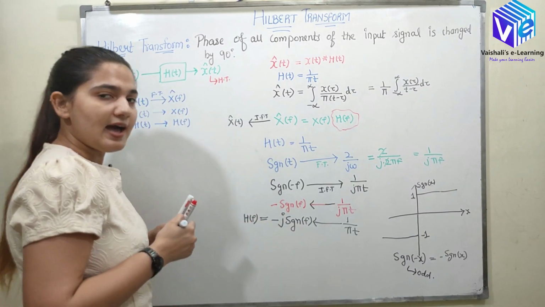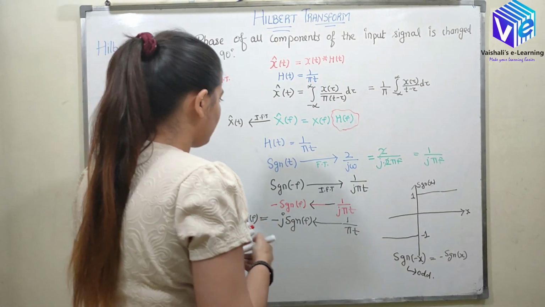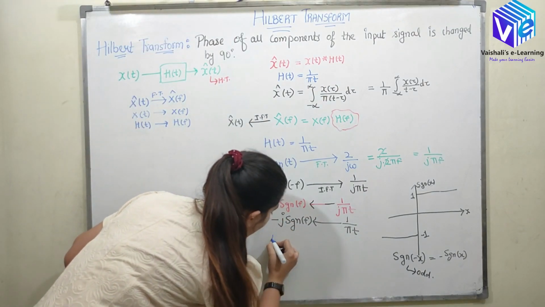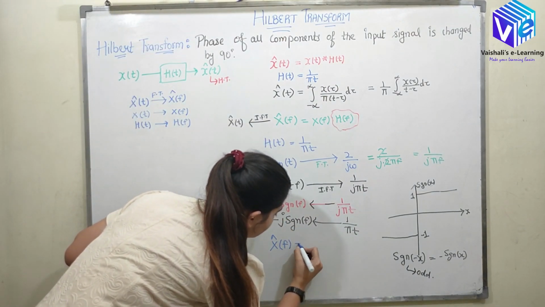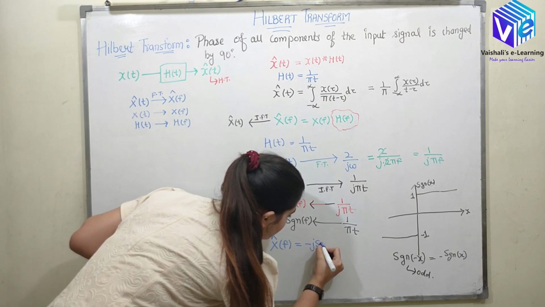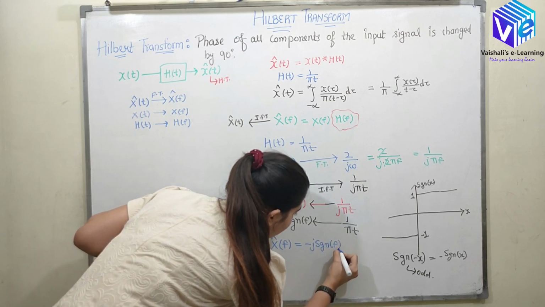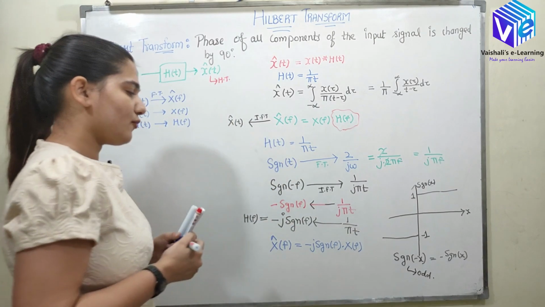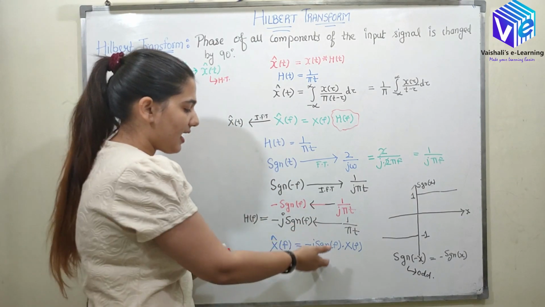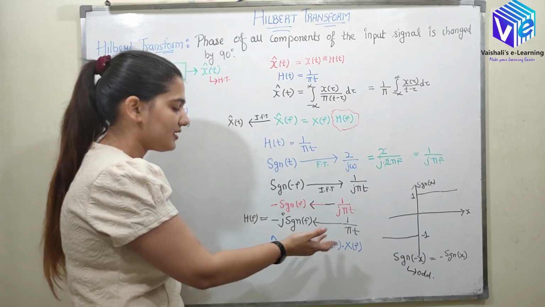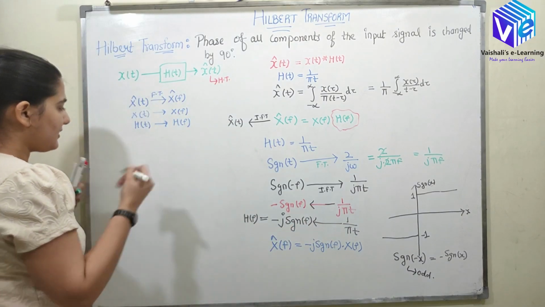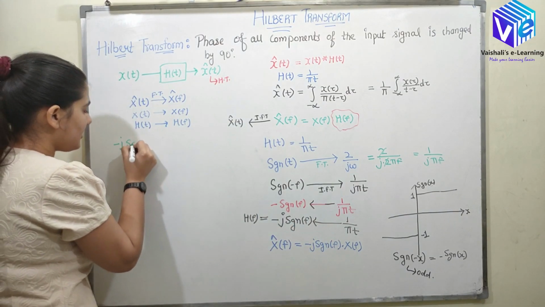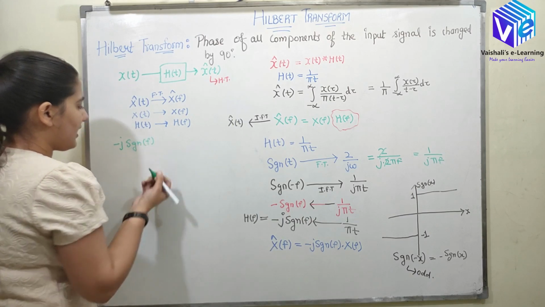Whenever I have any signal in the frequency domain, x cap of f is equal to minus j signum of f multiplied with x of f. So whatever my signal is, I'll multiply it with minus j signum of f. Let's understand what minus j signum of f is graphically.